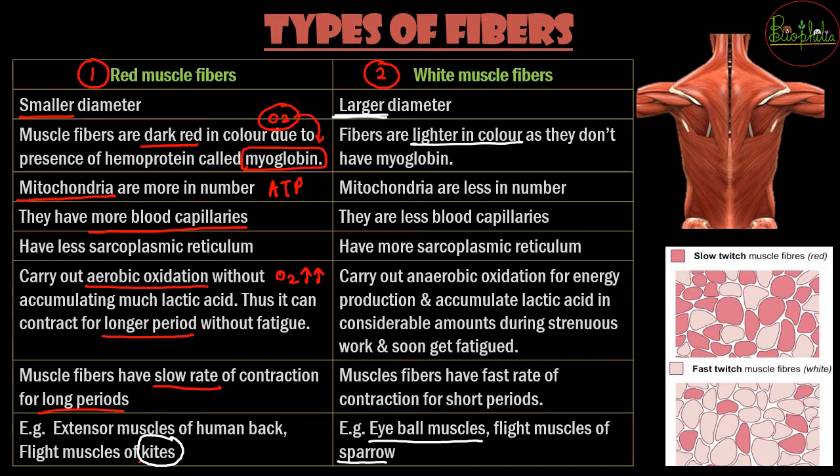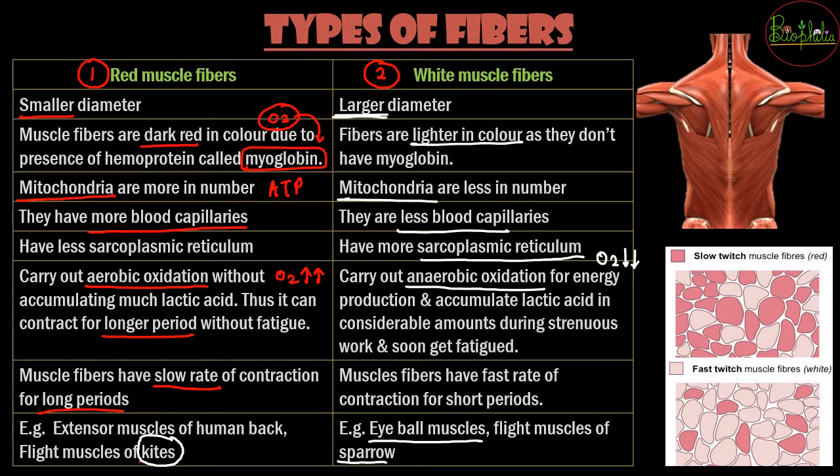एक में red है, एक में white है, and the fatigue levels are different. So white muscle fibers, since they have lesser amount of myoglobin, oxygen quantity binding करने के लिए कम है, energy required is less. Because of that, mitochondria are less, lesser blood supplies, they have more sarcoplasmic reticulum, and since the oxygen content reaching there is lesser, what will be the case?